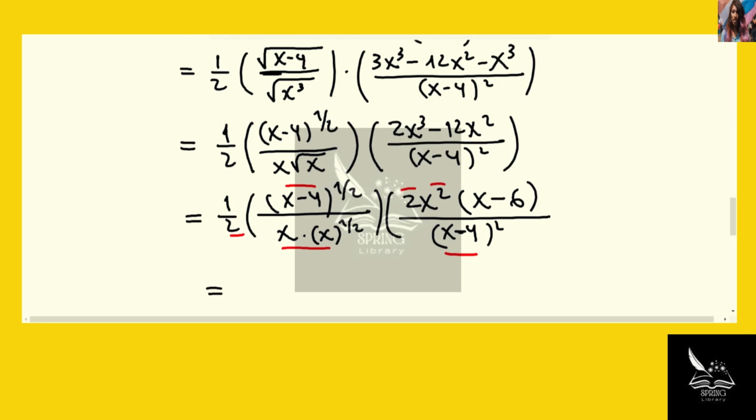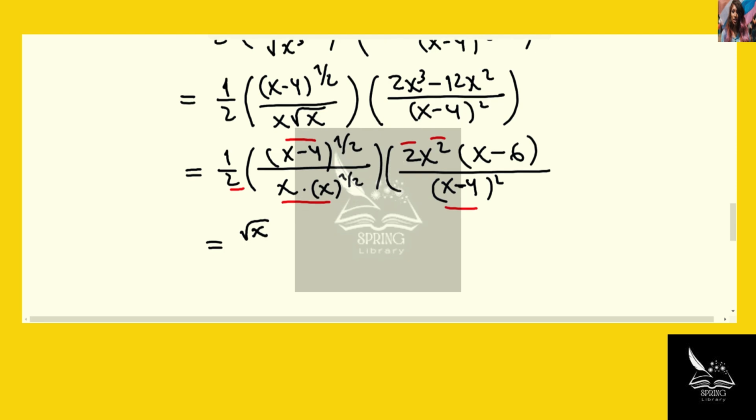That is 1/2, x simplified with this x, and x over x to the 1/2 is x to the 1/2. So this is the square root of x, minus 6, and in the denominator we will have x minus 4 to the 3/2. That's our derivative, finally.